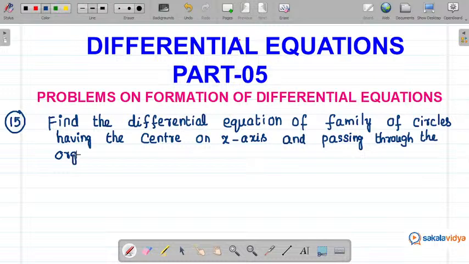Let me read the question once again. Find the differential equation of family of circles having the center on x-axis and passing through the origin.